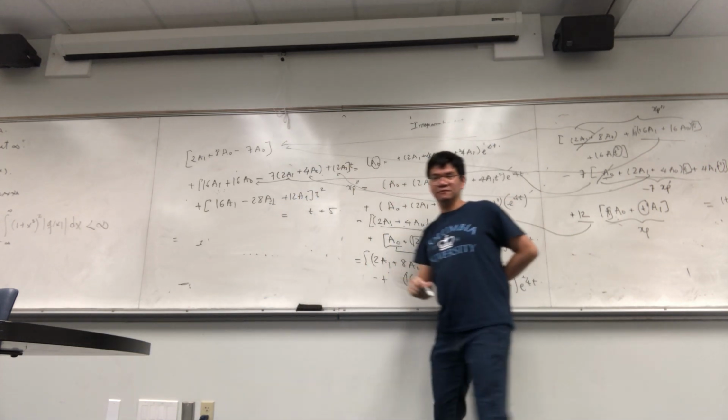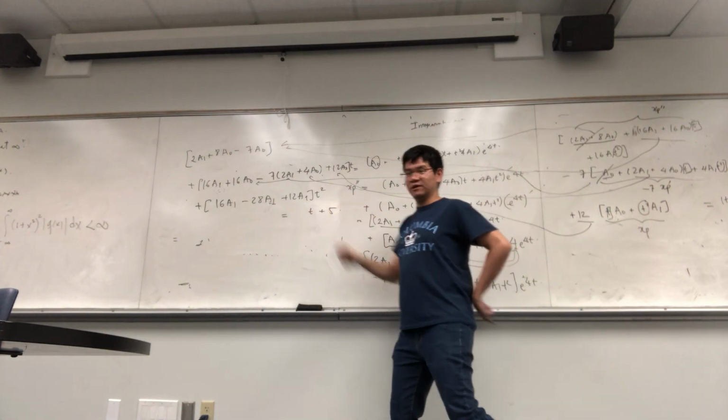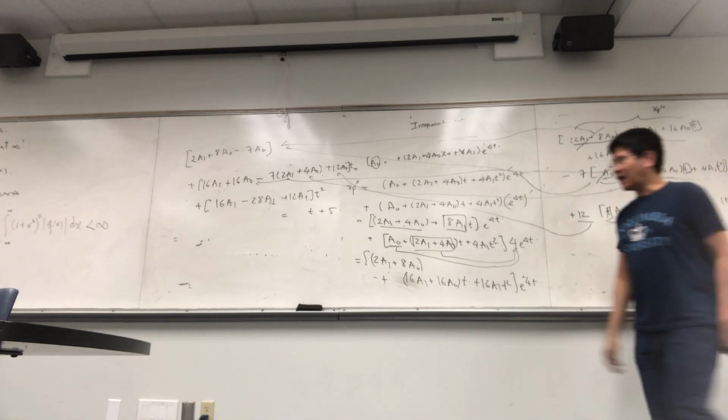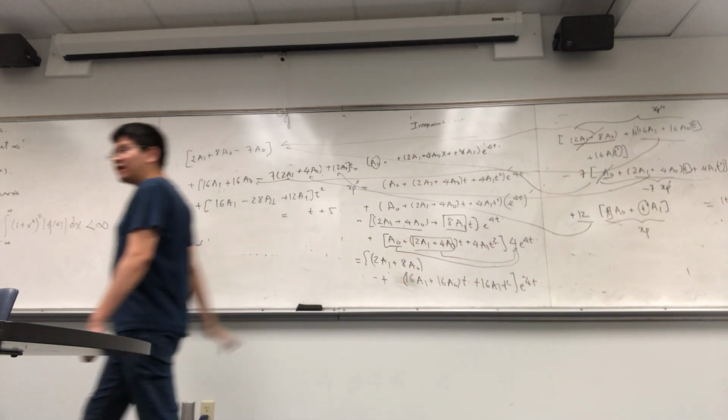Right? And the leftover is the t squared. So the t squared is 16a1 minus 28a1 plus 12a1. And the right side is t plus 5.